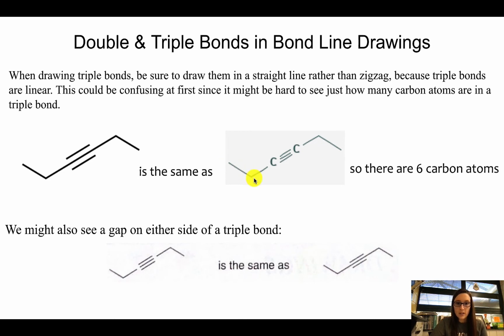So carbon, carbon, carbon, triple bond, carbon, carbon, carbon. Sometimes we see a gap on either side of the triple bond just to help us recognize that we have 1, 2, 3, 4, 5, 6. So this structure in the bottom left is the same as this structure on the bottom right.